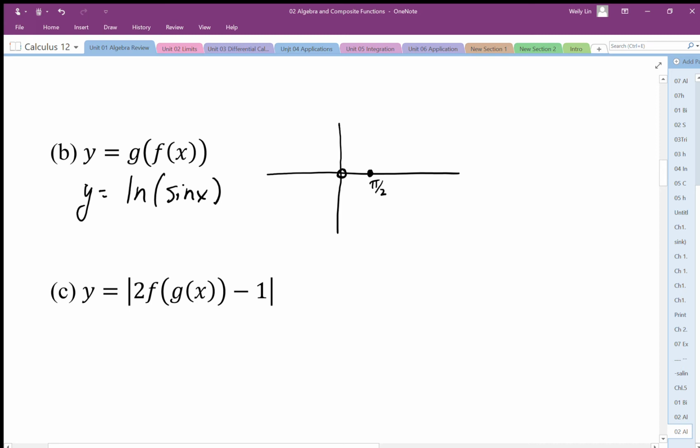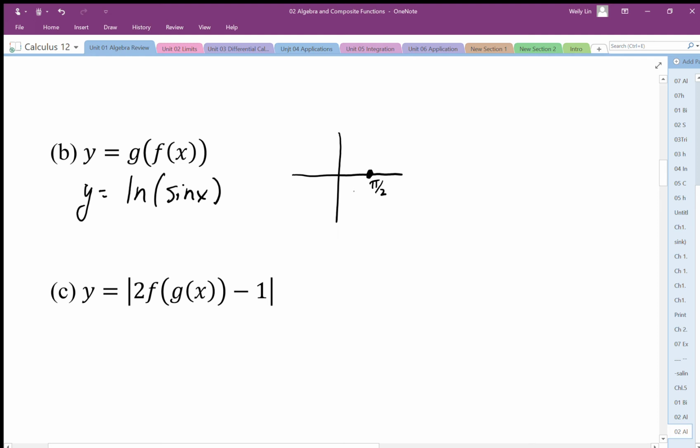As we hit pi, we're back to 0, and we cannot have a point at 0. So I've got a point here, that's my maximum, and an undefined value at sine of 0, because sine of 0 is 0, and log of 0 is negative infinity.